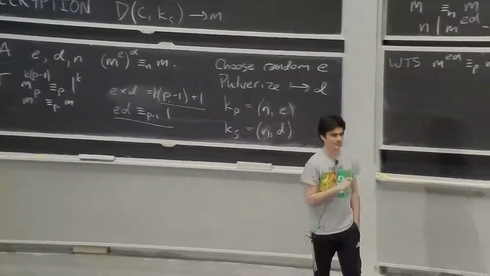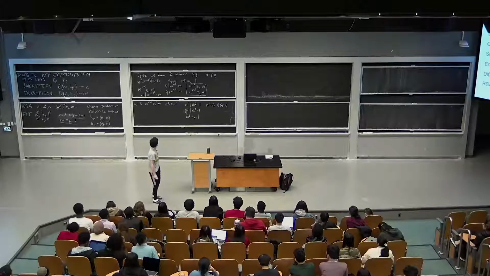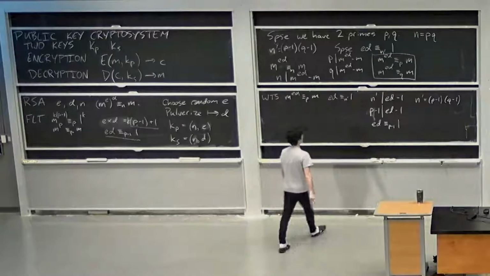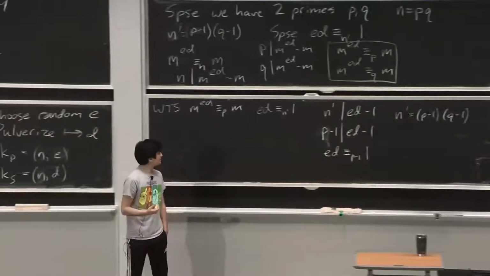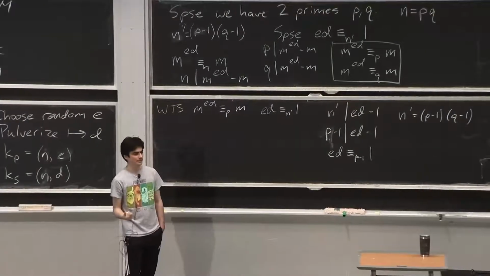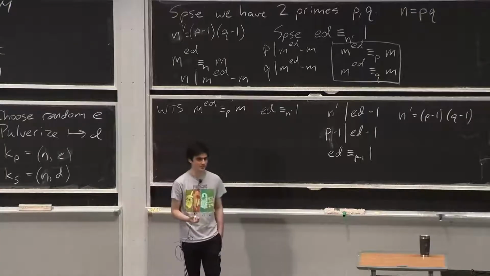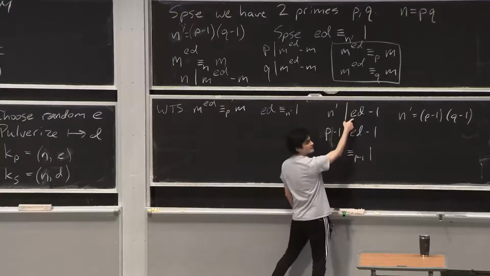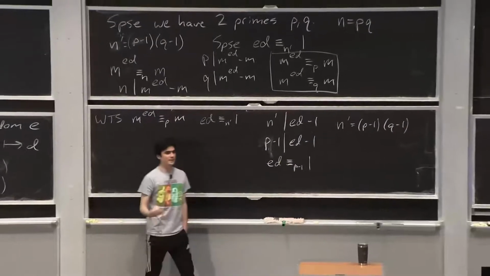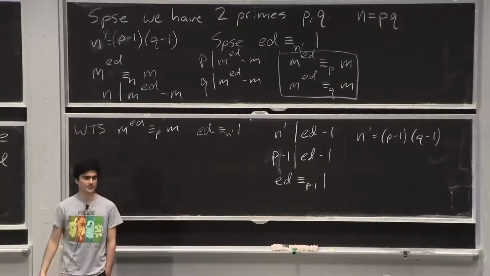Yeah, question? So the question was, how do we know p minus 1 divides ed minus 1? p minus 1 divides n prime. Right? We defined n prime to be the product of q minus 1 and p minus 1. So we know that n prime divides this, and one of our rules of divisibility was that then any factors of n prime also divide it.